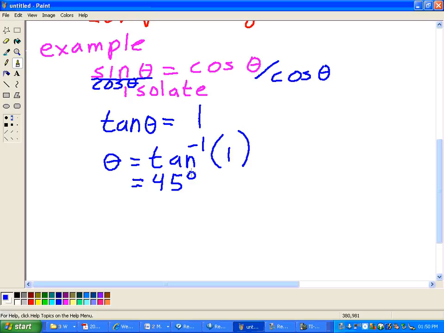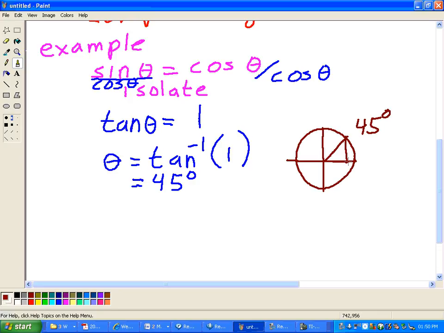The calculator only knows how to find one of the answers. There's where the tangent is 45 degrees equals 1. The reason it equals 1 is that the sine and the cosine are both the same at that point.